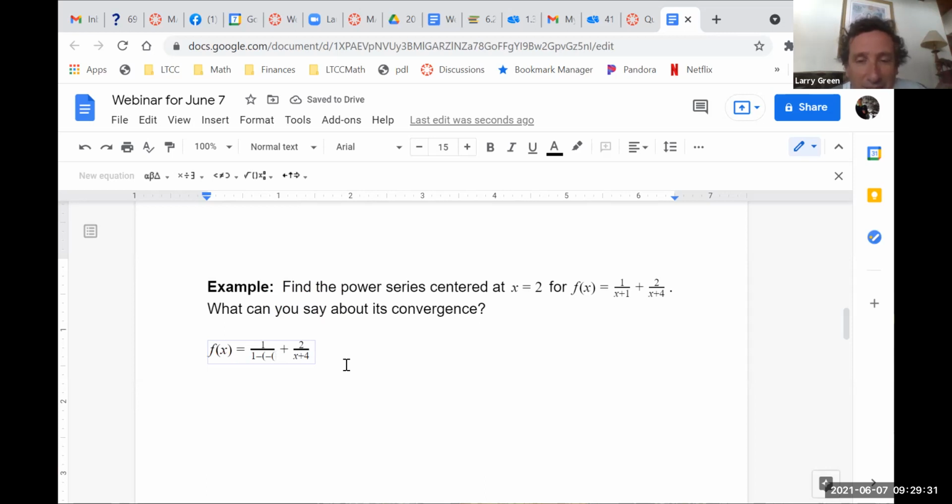It's kind of tricky. And then we have an x plus 1. We don't want an x plus 1. We want an x minus 2 because we want it centered at x equals 2. Any questions on the goal here? If it's centered at x equals 2, we need an x minus 2, not an x. So I'm just going to blindly write down x minus 2.